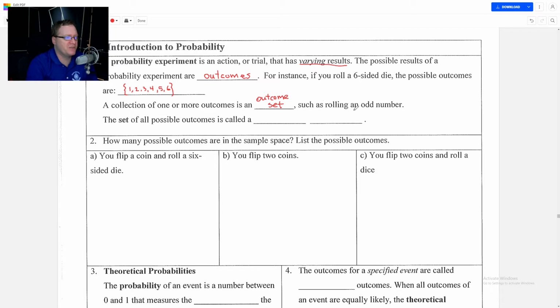And they give an example as rolling an odd number. Rolling an odd number would be an outcome set. It would look like this: 1 or 3 or 5. Those are the different outcomes that are odd numbers. So this is an outcome set.